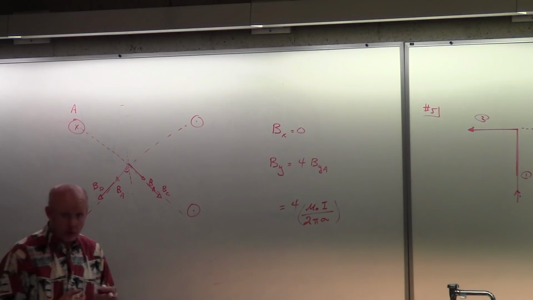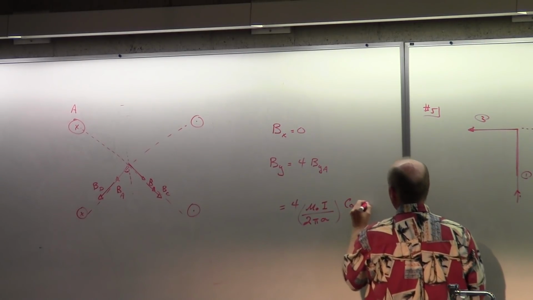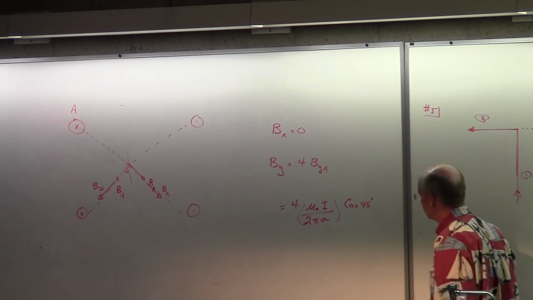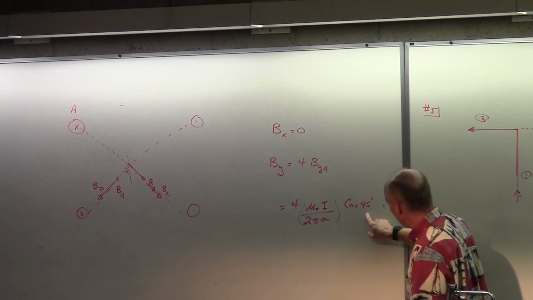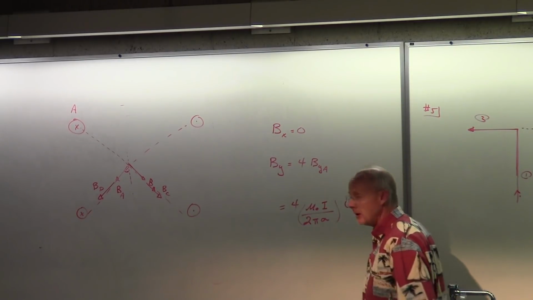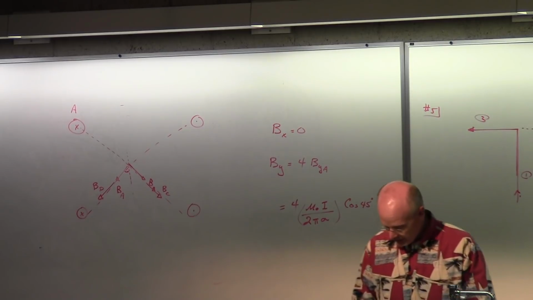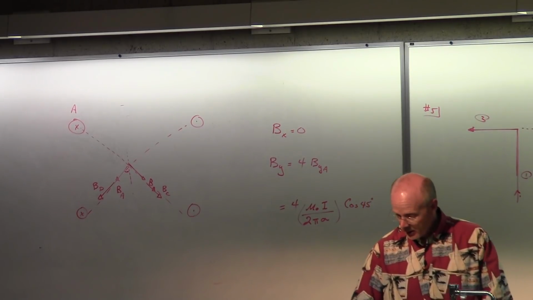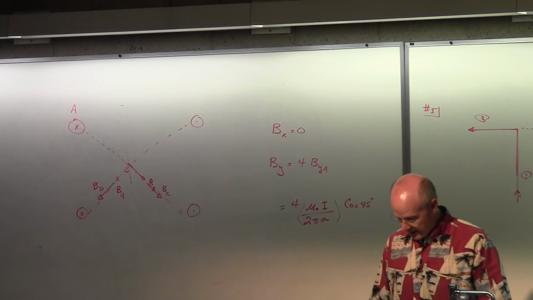So to get the vertical component, I want cosine of 45 degrees. All right, so there's the magnitude of A. That gives me the vertical component. That gives me 4 of them because I put them all together. And so there would be the total field in the Y direction. And I can call that a J hat or not.